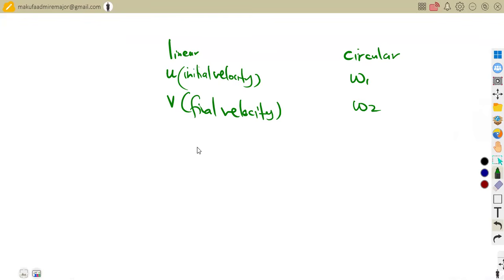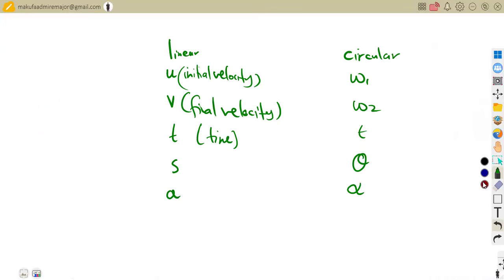Remember the time, t in seconds, which is the same thing on this side, just t. Another thing, the displacement: this one is angular displacement, theta. The acceleration, this one is angular acceleration.